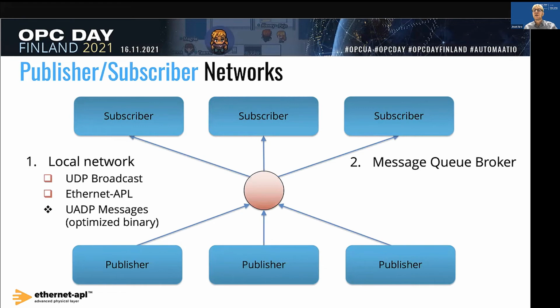The second alternative is that we can use the same model with message queue brokers, which most commonly are MQTT brokers, but there is an alternative, AMQP. In these cases, the messages are typically JSON messages, which are more like textual messages, but there is an alternative to use UADP if you need more performance.